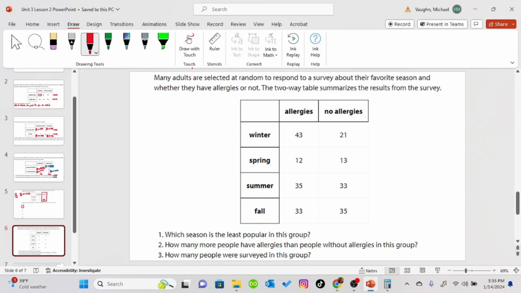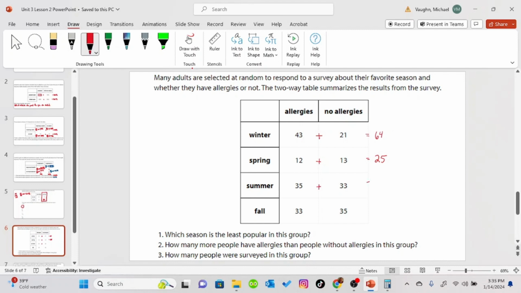So if we look, winter has a total of 64 people who prefer winter. Spring only has a total of 25 who prefer spring.